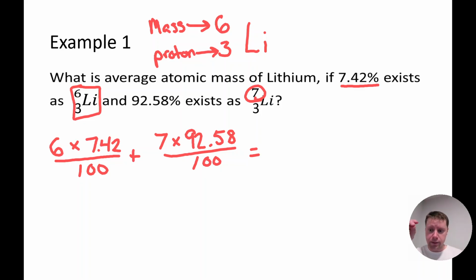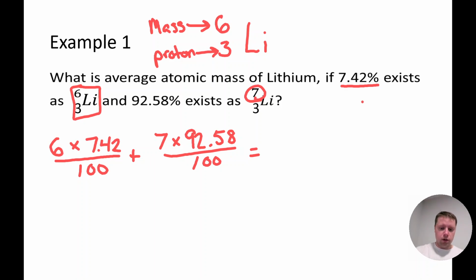What is really nice about this formula is the way it's written out is the way you'll put it in your calculator and you'll get the right answer. So as long as you type 6 times 7.42 divided by 100 plus 7 times 92.58 divided by 100 and then it equals, you will get the correct answer.